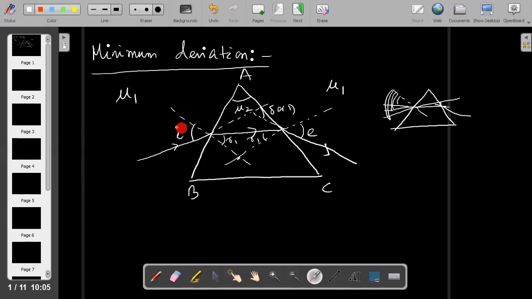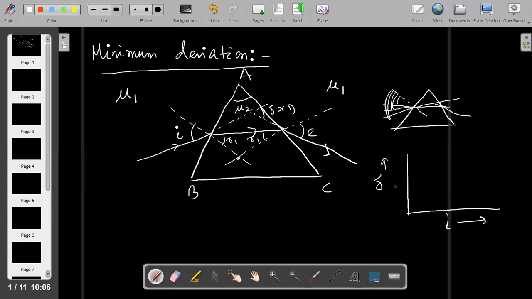By increasing the angle of incidence, go on measuring the deviation and draw the graph between I and D. That is known as the ID curve, where I is the angle of incidence and D is the deviation delta.